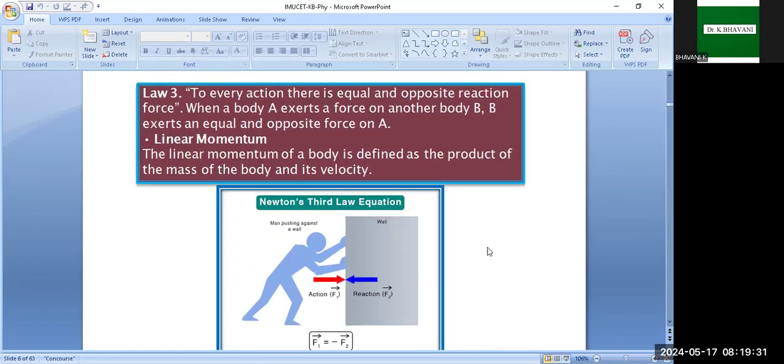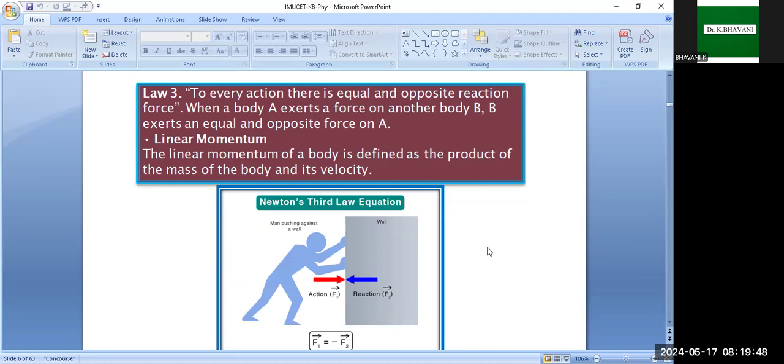Everybody knows the third law, that is, equal and opposite reaction for every action of the force. It defines linear momentum as the product of the mass of the body and its velocity.